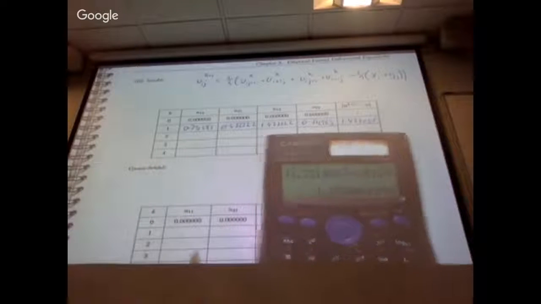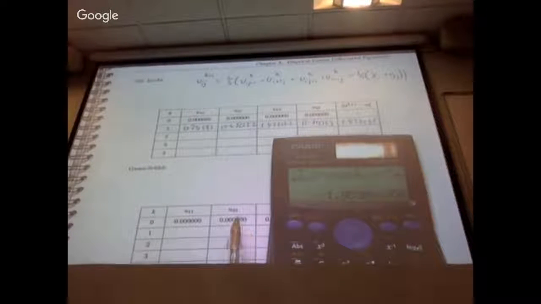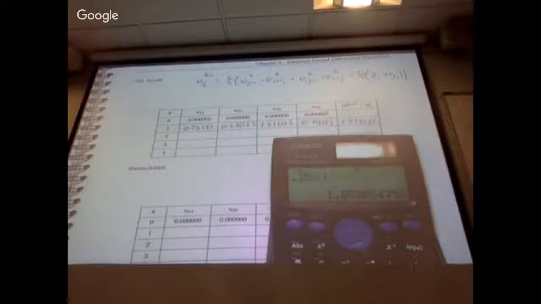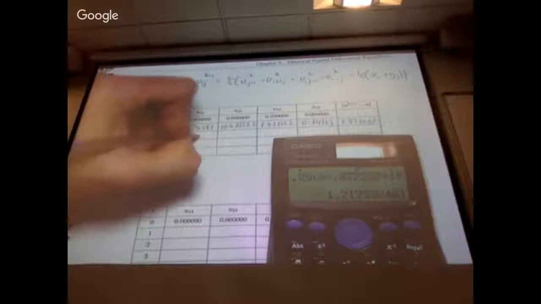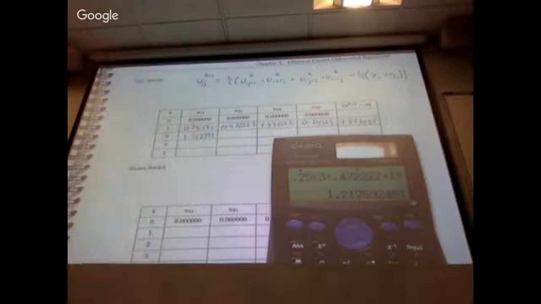So we have a quarter times the sum of the boundary nodes, which is 3, plus the node to the right, which is 0.472222, so 1.47222, and minus 1/9 times 2/3. That's 1.217592.